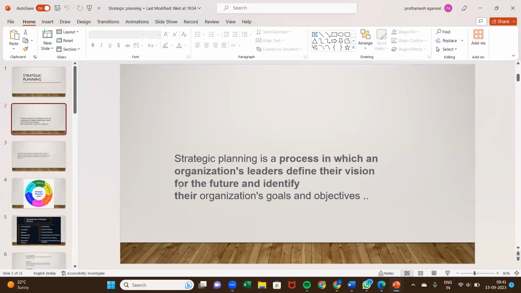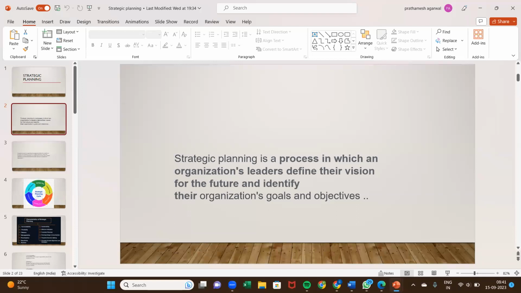We have seen the external environment. We have seen the internal environment. We have seen how the external and internal environment go hand in hand, how they are related, and what can be the factors which can affect the business. Now, after environmental scanning, we have the strategic planning.